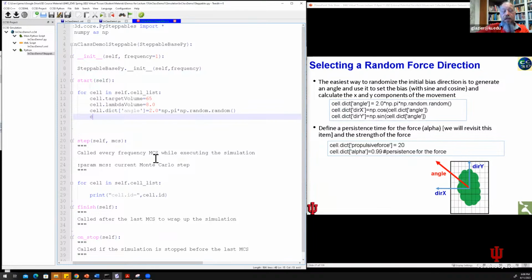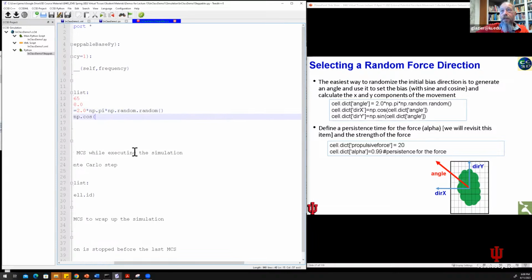And now I want to get the x coordinate of that random angle. And so I'll call that direction x. And I'll set that equal to NumPy cosine of angle.